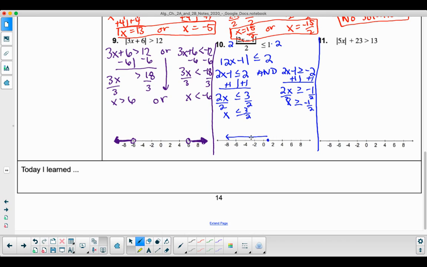And then at -1/2, which would be somewhere about here, we have another closed circle, and that's greater than, so that's going to the right. So those overlap somewhere here in the middle, so remember that "and" statement is going to go in between those two values. So that's how you would graph number 10. Oops, and when you write this, make sure you write the "and" in there. Don't let me forget that.